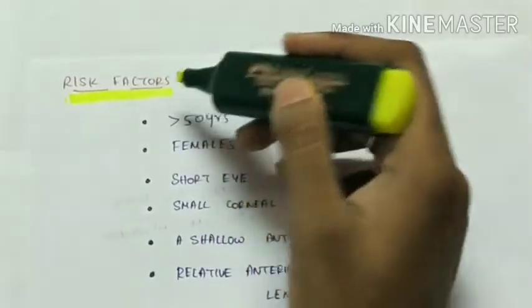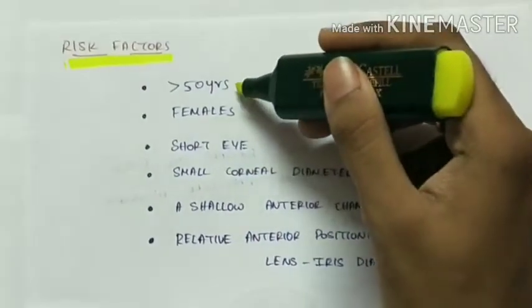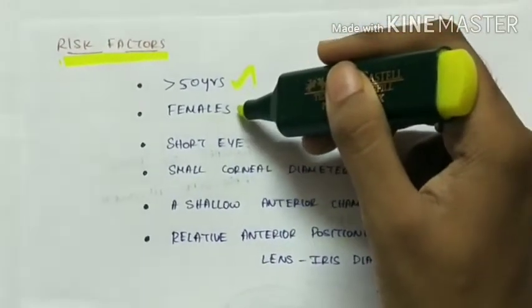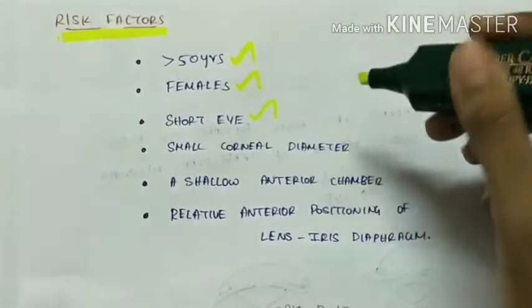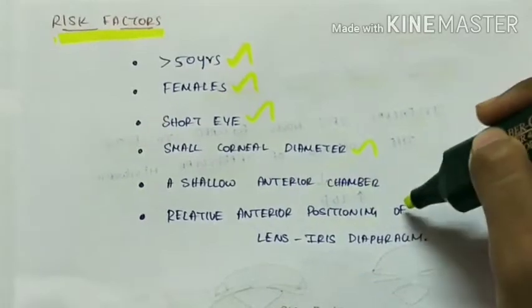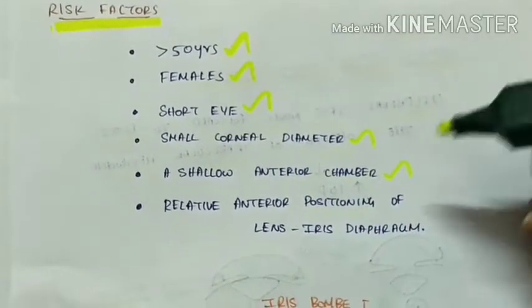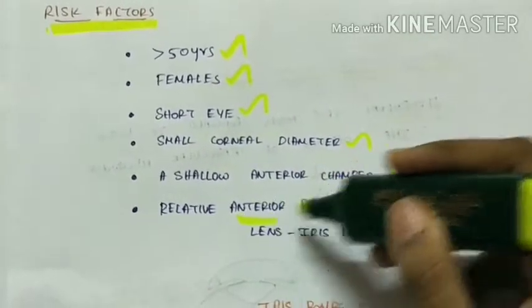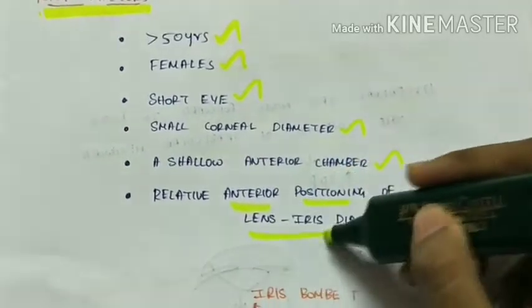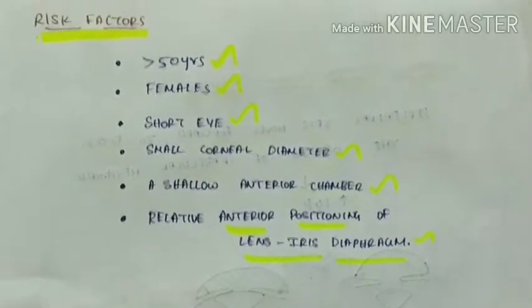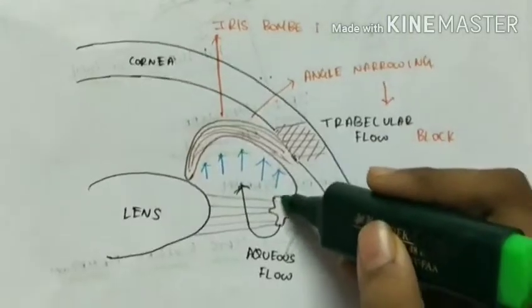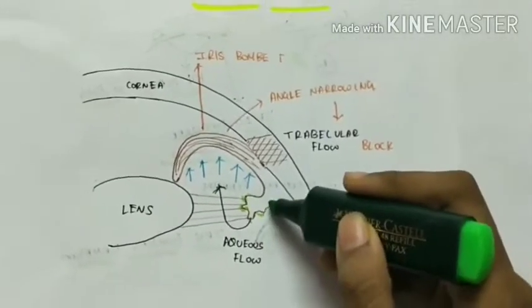Risk factors of primary angle closure glaucoma: age more than 50 years, predominant in females, and having a short eye, small corneal diameter, shallow anterior chamber, and relative anterior positioning of the lens iris diaphragm. Here aqueous humor is produced from the ciliary body.